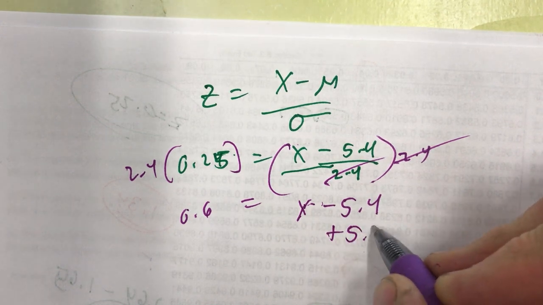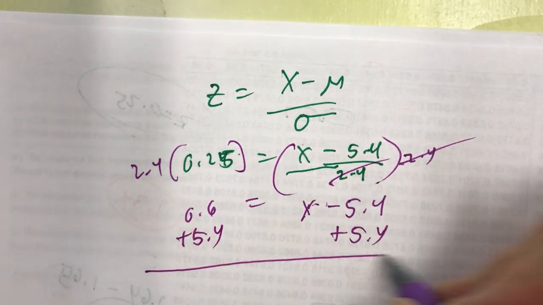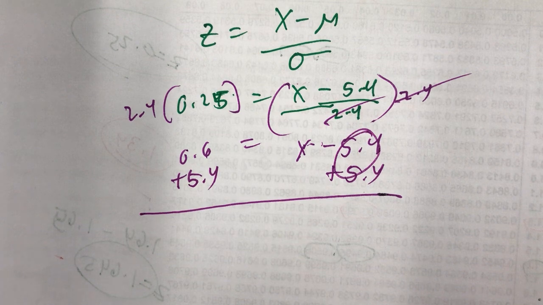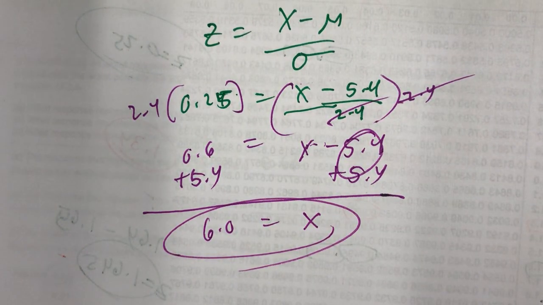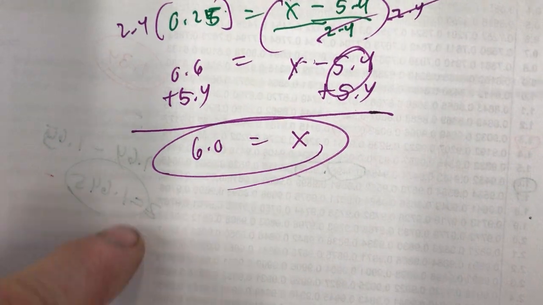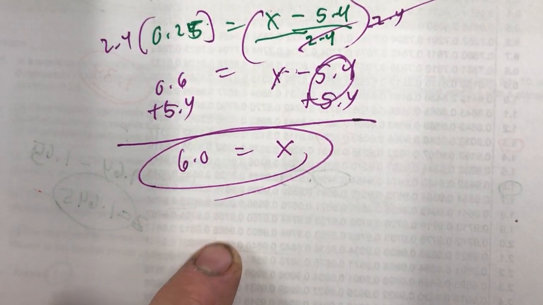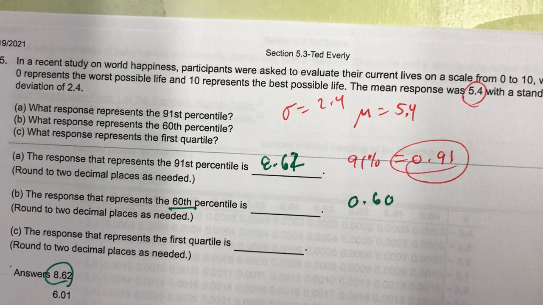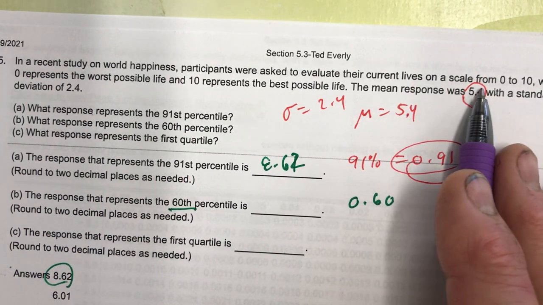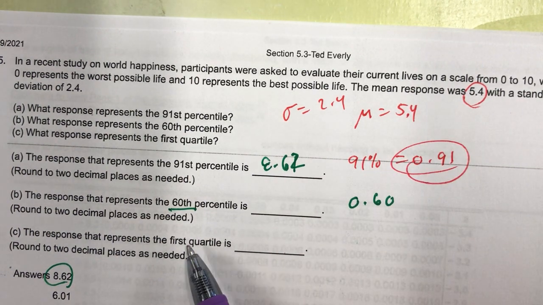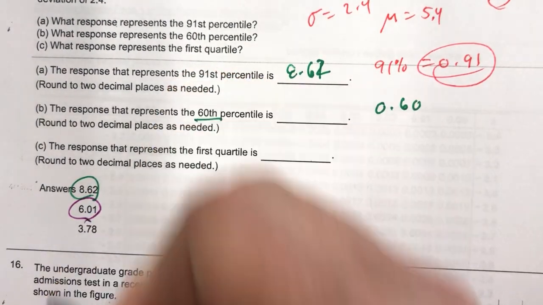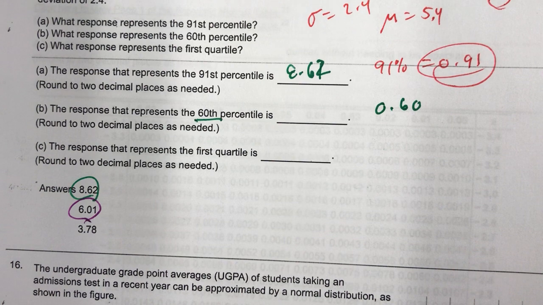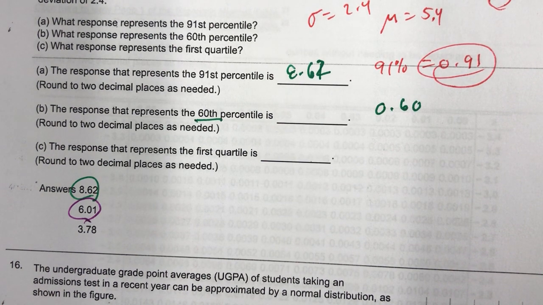So I need to add 5.4 to both sides. This goes away. And this is 6.0. So there's what x has to be. So what this means is 6.0 would put you in the 60th percentile. All right, so that means someone that has a scale of 6 puts them in the 60th percentile. It says 6.01, but I think it would take a 6.0.